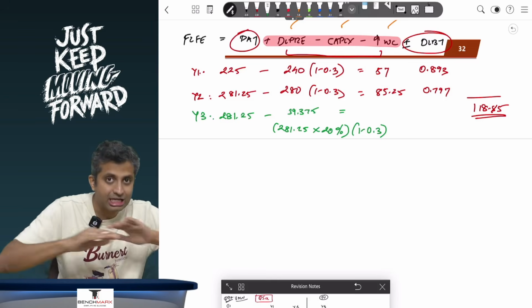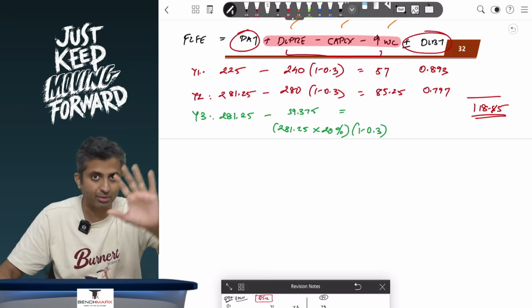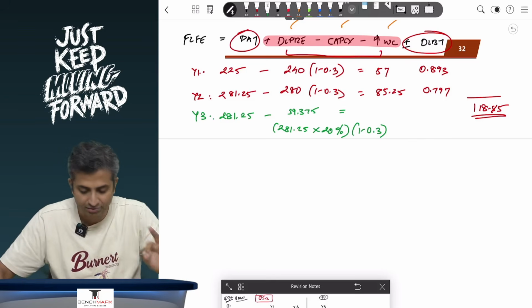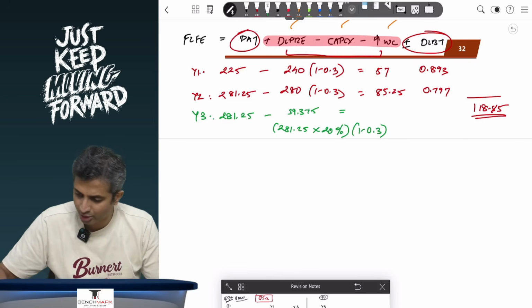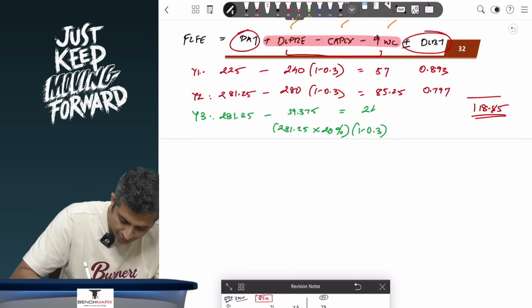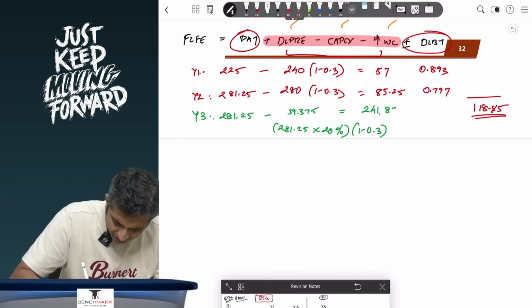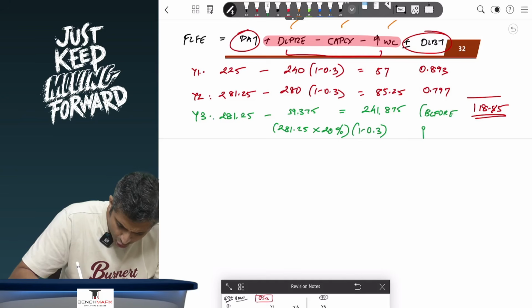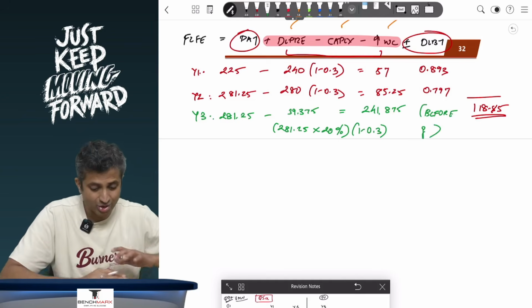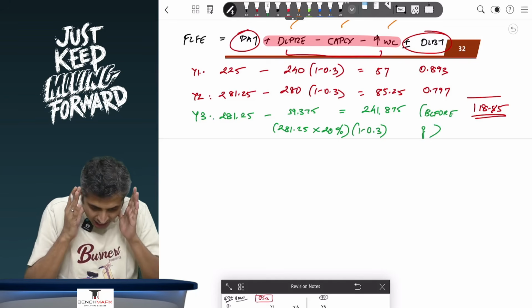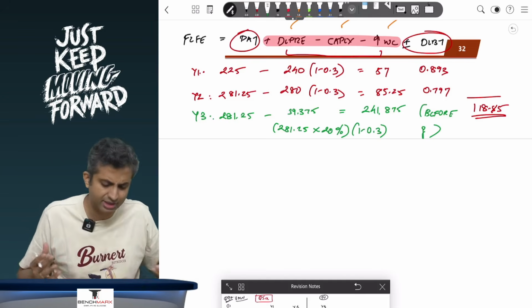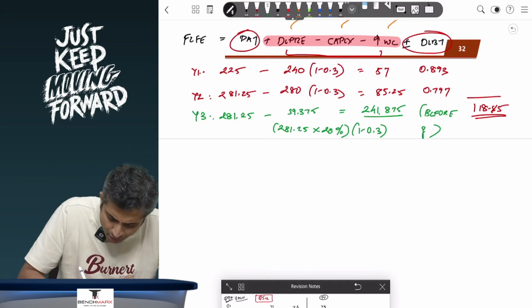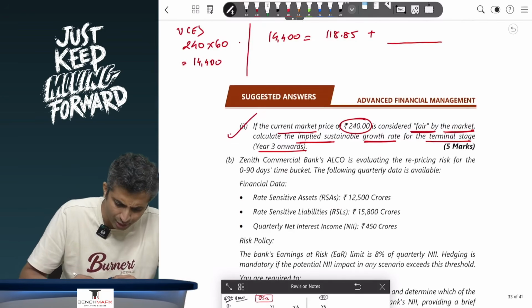So at the steady stage, even if there was no growth, as a matter of fact, there will be growth, that is what you have to find, but even if there was no growth, this would be 39.375 and 281.25. So this would be 241.875 before growth for the third year. So had there been no growth, at 0% growth, this would have been the position. But as a matter of fact, there could be certain growth. Let's say the growth rate is G. So I would take 241.875 in my calculation.